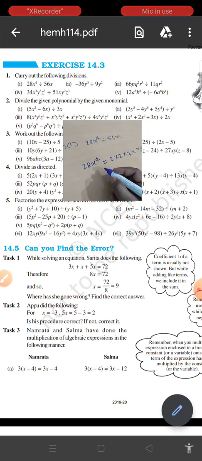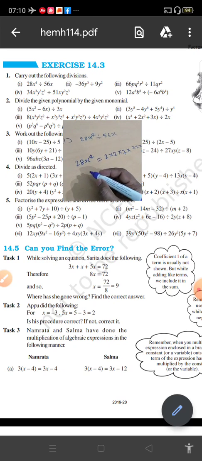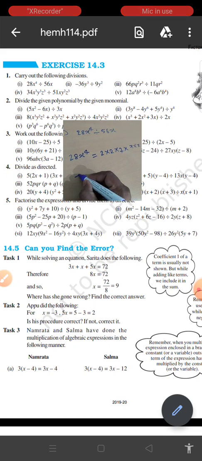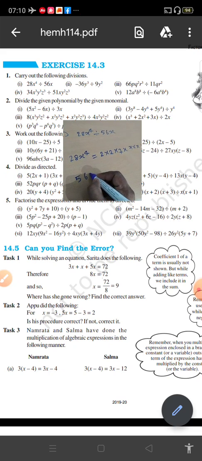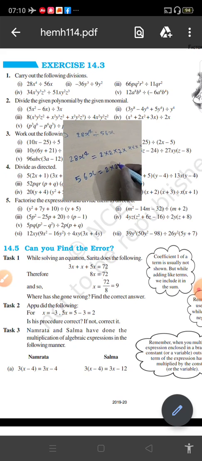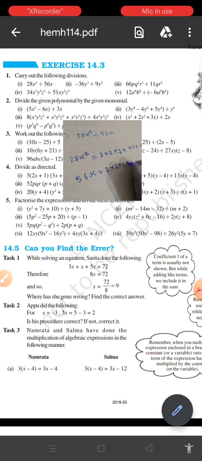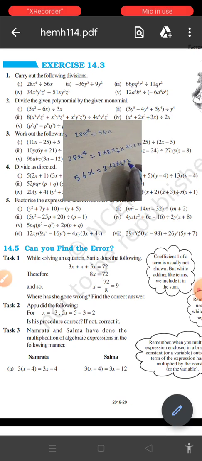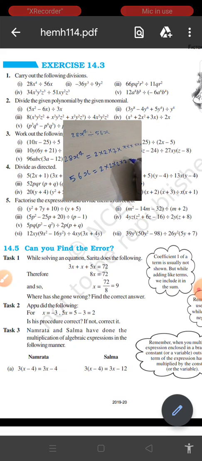And 56 we can write as a product of irreducible factors. This is equal to 2 into 2 into 2 into 7, 8 sevens are 56, into x.